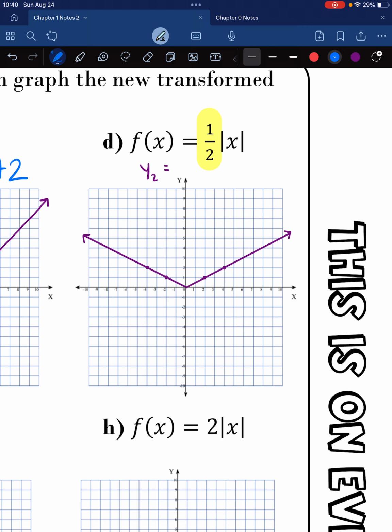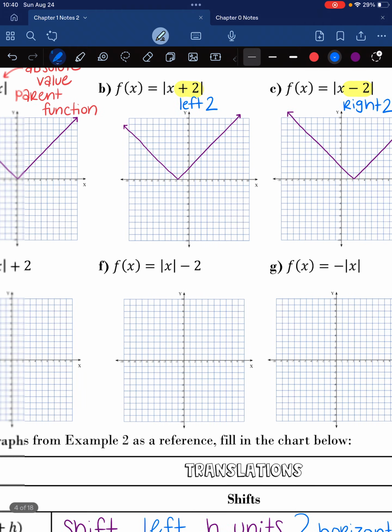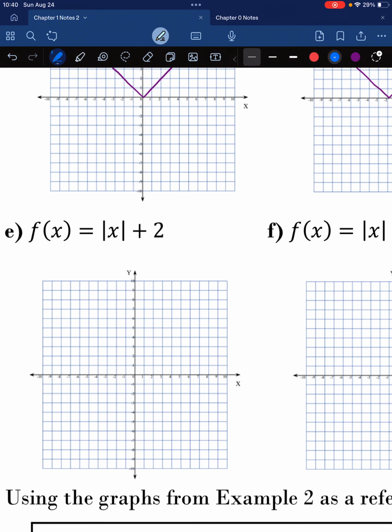So we have a vertical compression. And this is one where I said once we have numbers, I know it looks like it might also be a horizontal stretch, but we definitely want to call this one a vertical compression, and I'll talk more about that in a little bit. Alrighty, moving on to E.